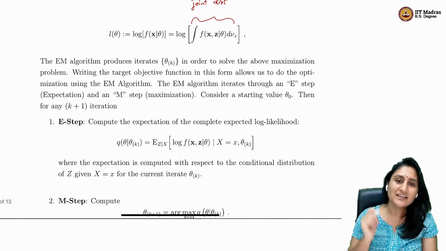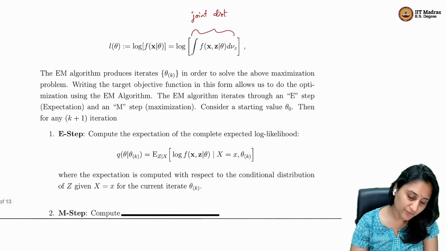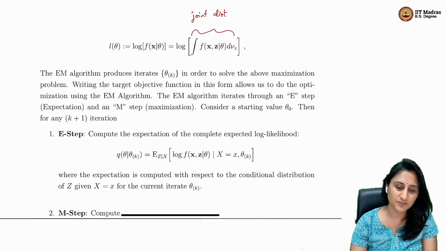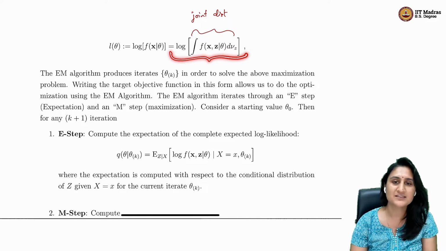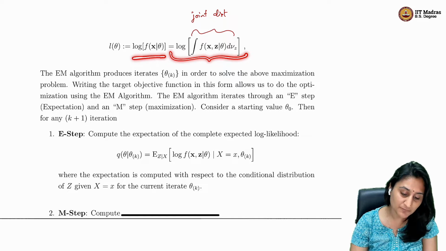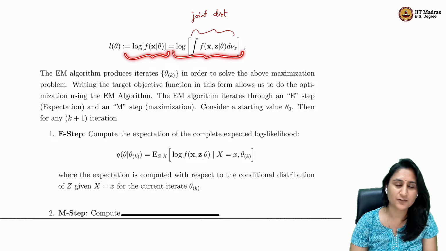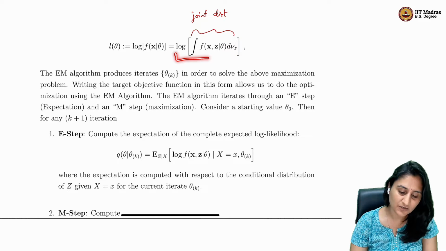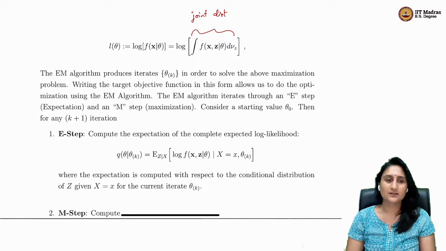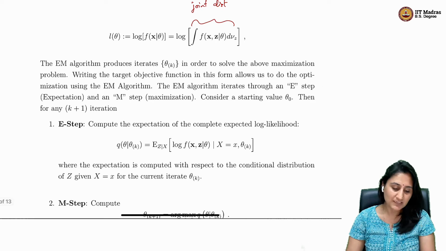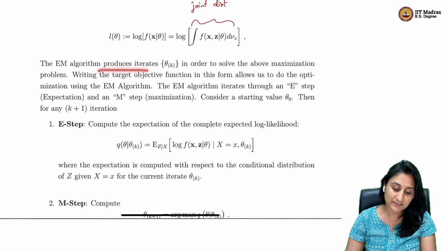Now, what the EM algorithm does is, instead of solving this objective function, it maximizes this objective function. Now, these are the same objective functions, but looking at this form of the objective function instead of that form turns out to be easier to solve using the EM algorithm. Okay, so the EM algorithm will produce iterates theta k, just like Newton-Raphson and gradient descent and the MM algorithm.